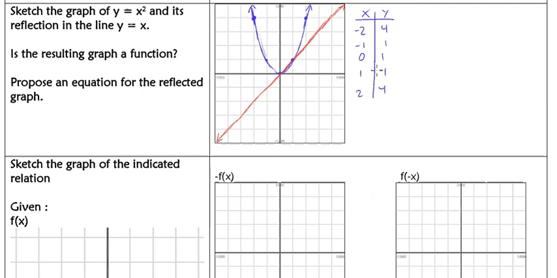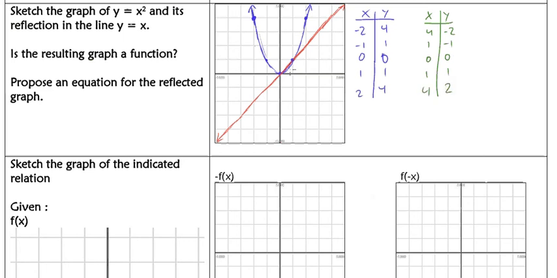Now as we reflect it over the line y equals x, we're going to end up with the xy coordinates of those just swapped, the x for y and y for x. So we're going to have 4, negative 2, 1, negative 1. That 0 should be 0, 0. Sorry about that. 0, 0, 1, 1, and sorry, 4, 2.